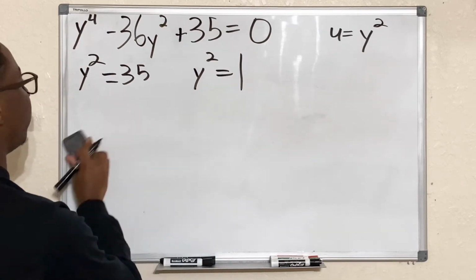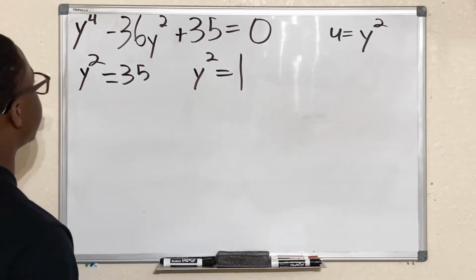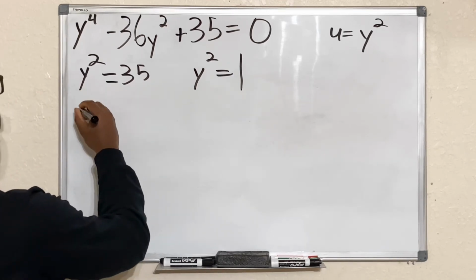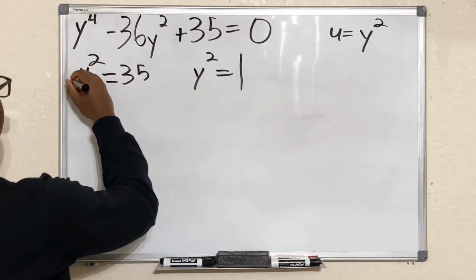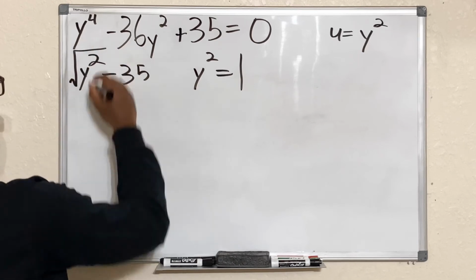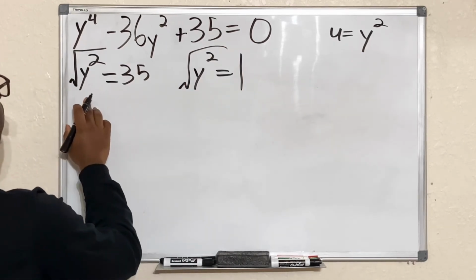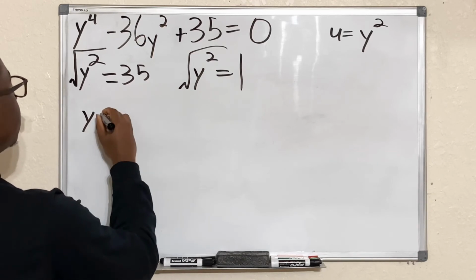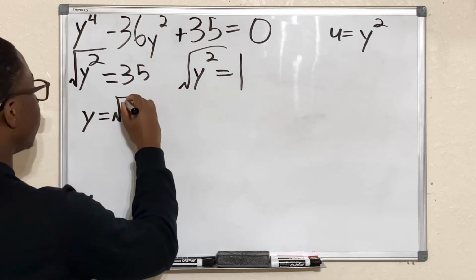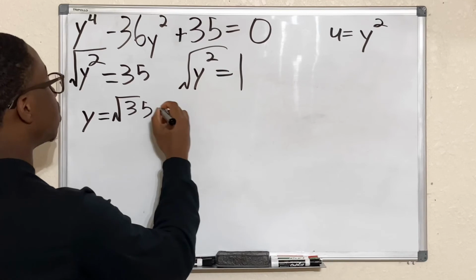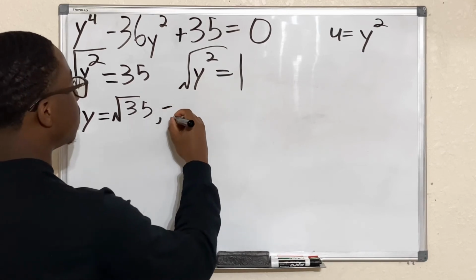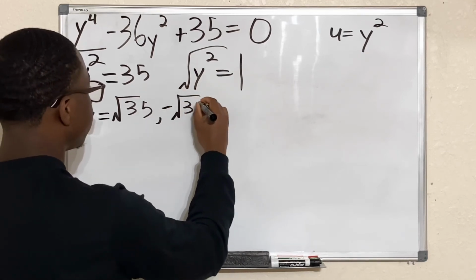So now that we have that set up, we're going to go ahead and simplify. How do we do that? We get y by itself on both of these by square rooting. So we end up with y is equal to the square root of 35 and also the negative square root of 35.